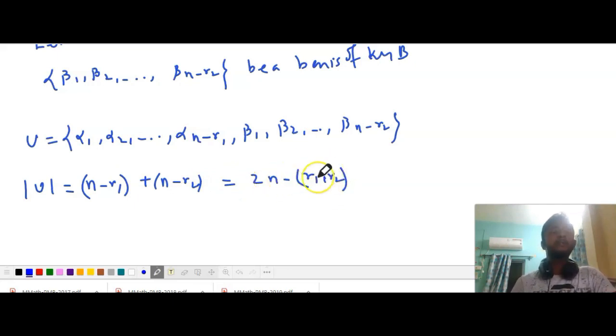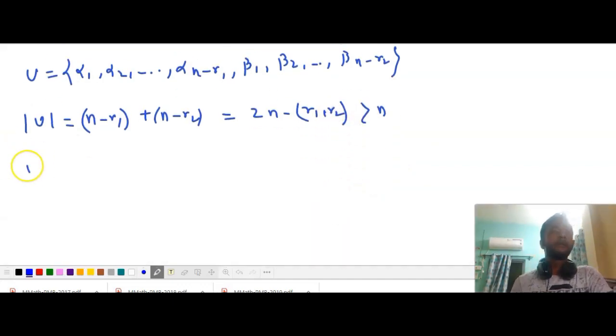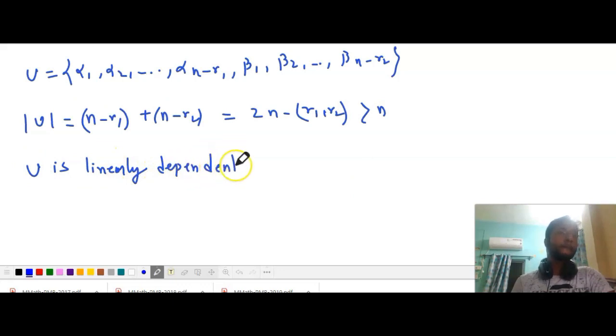Now as R1 plus R2 is strictly less than n, we can conclude that U contains more than n elements, right? Now U is a subset of Rn which contains more than n elements, right? So we can conclude that U is linearly dependent.